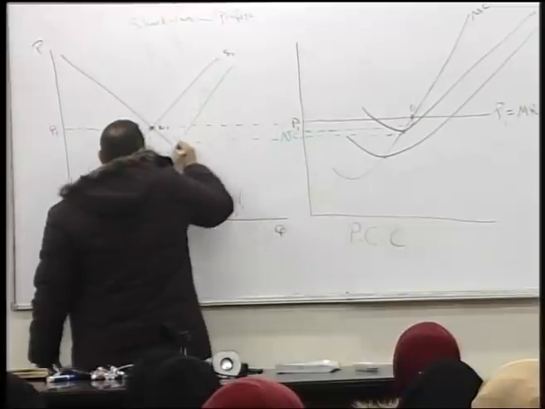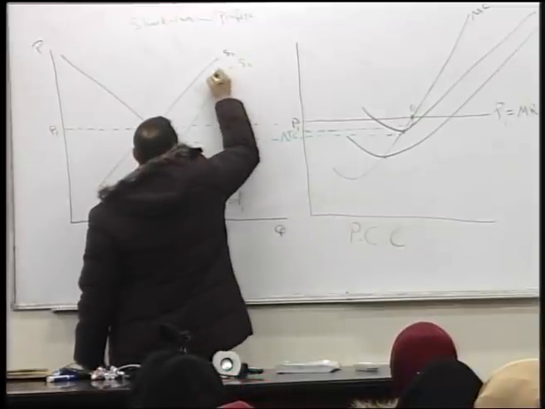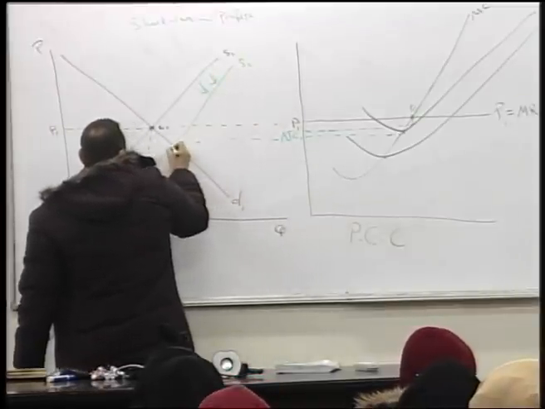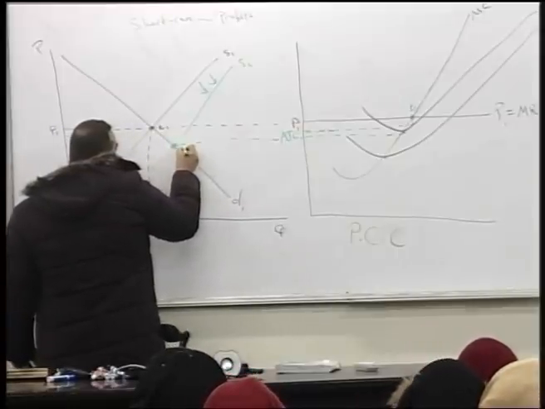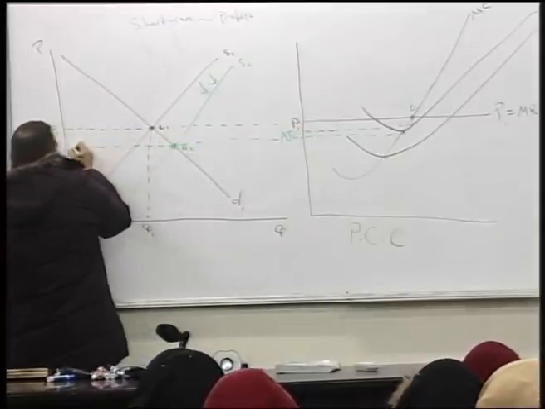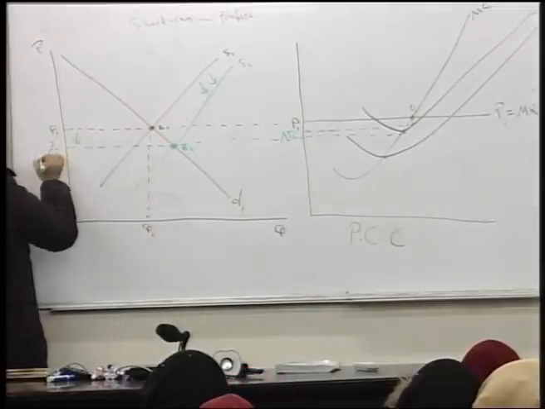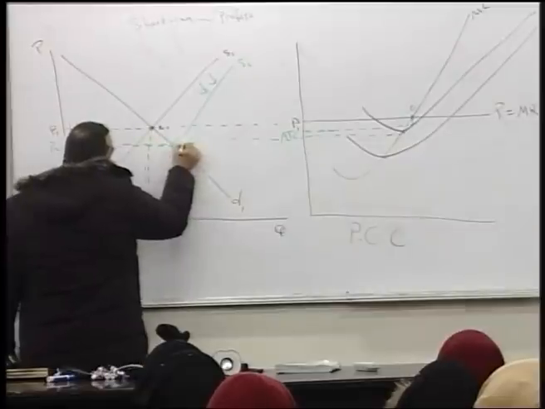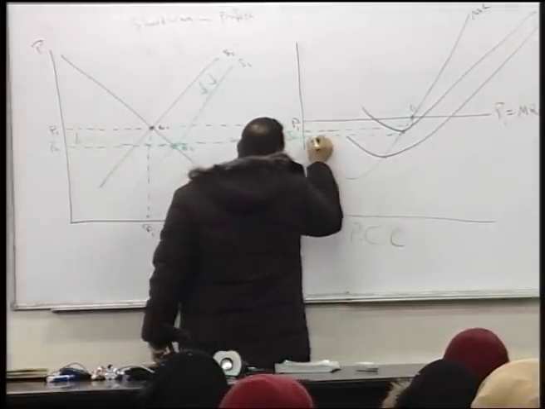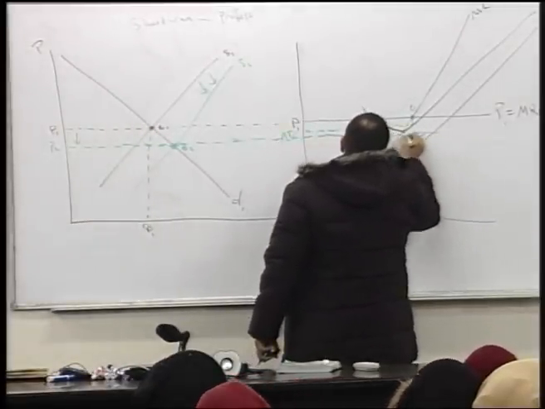Supply will shift right to S2. What will happen to price? We have a new equilibrium point, E2, right? With lower prices, to P2. Here's the new price.